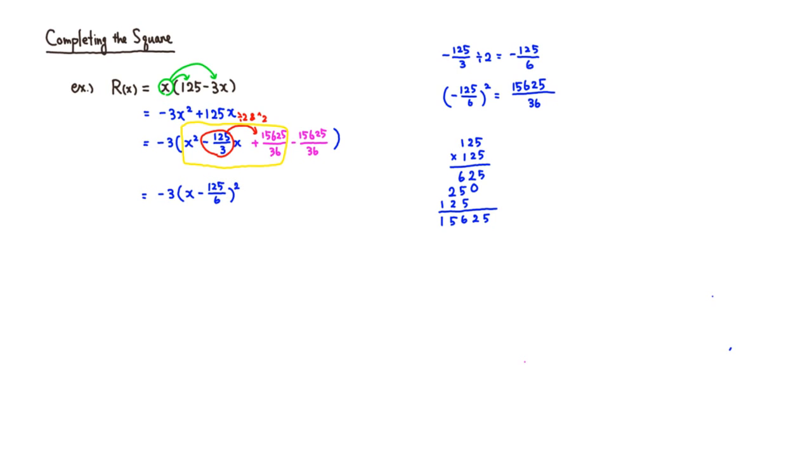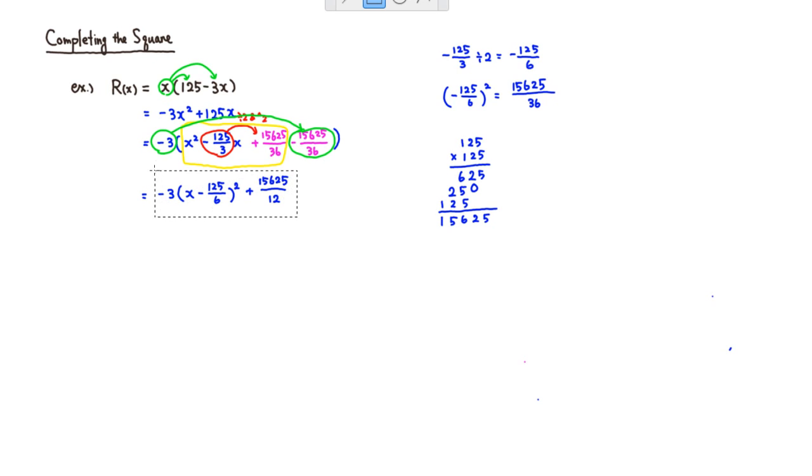Then to take care of the leftover term, you have to distribute the negative 3 to it. Negative times negative is positive. Then the 3 and the 36 cancel out, so you get 12 on the bottom, and 15,625 on top.